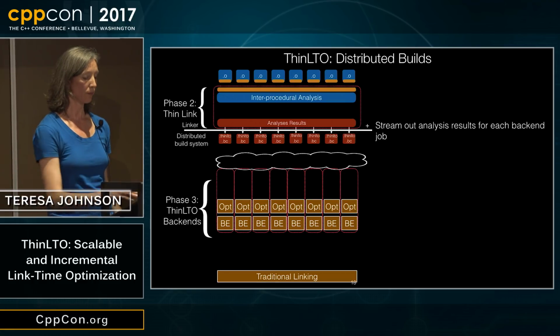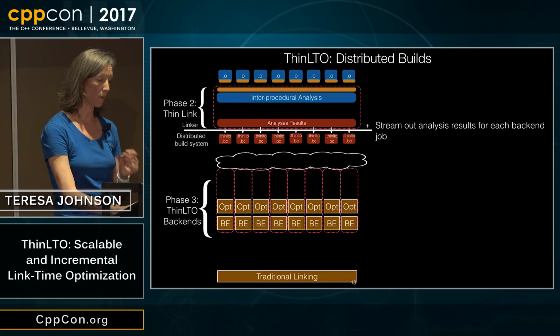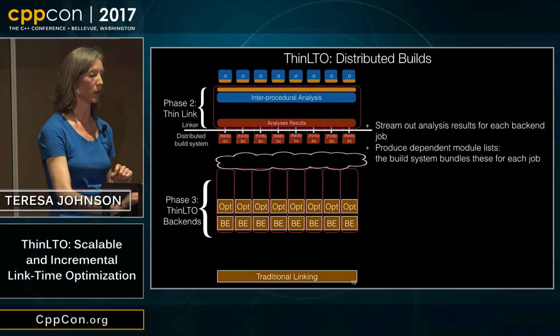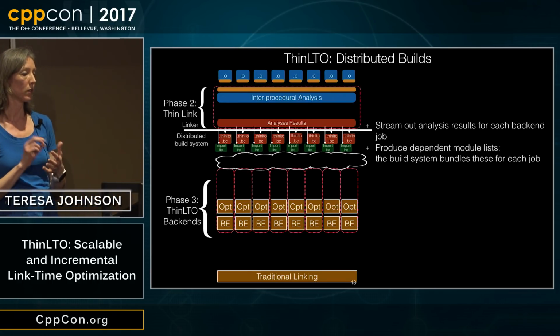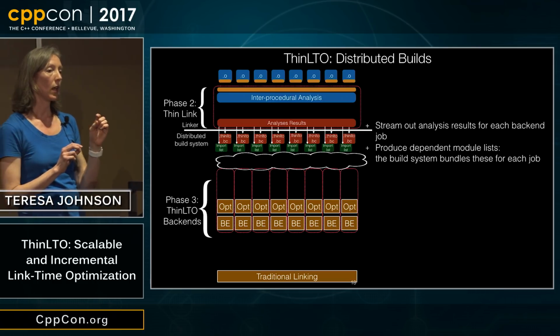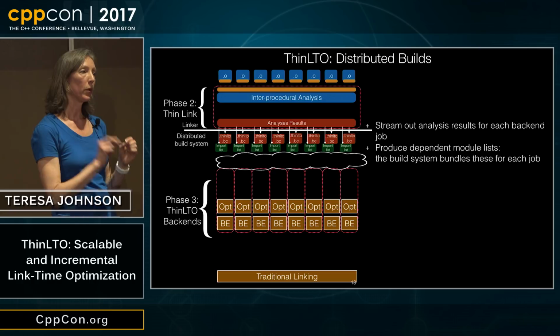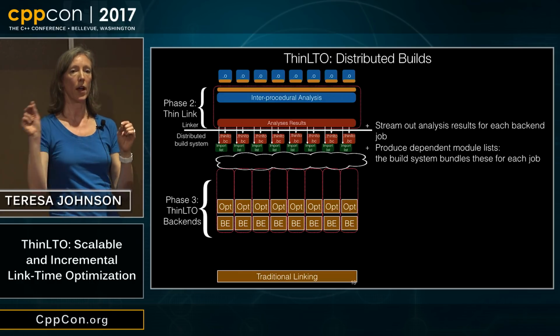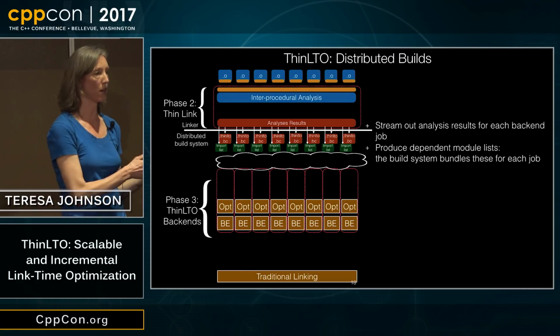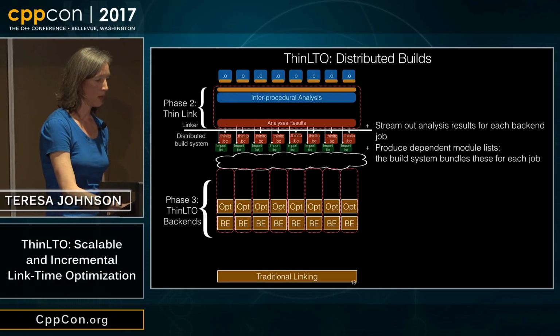each module. And additionally, and I'll show how this works a little bit later with our build system, we also produce a small text listing for each module saying what other IR modules it's going to be importing from. And this is important so the build machine knows what other IR object files to package up and send off to the build machine.